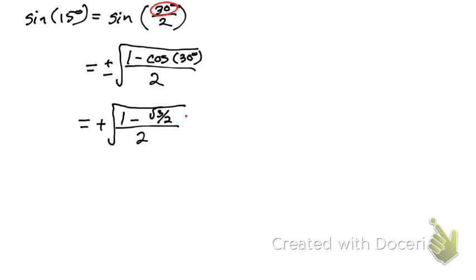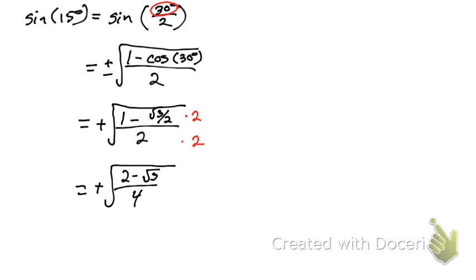I'm going to multiply top and bottom by 2 to get rid of that fraction, which is going to equal plus the square root of 2 minus square root of 3 over 4, which reduces to the square root of 2 minus square root of 3, all over 2. Right. Good. Other questions? Mark?